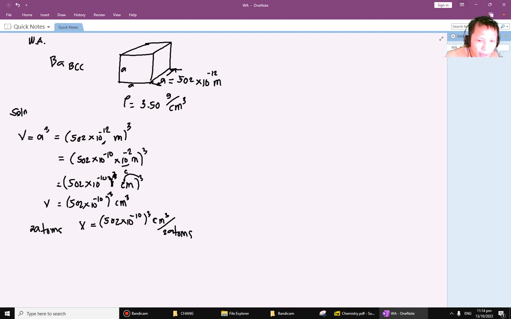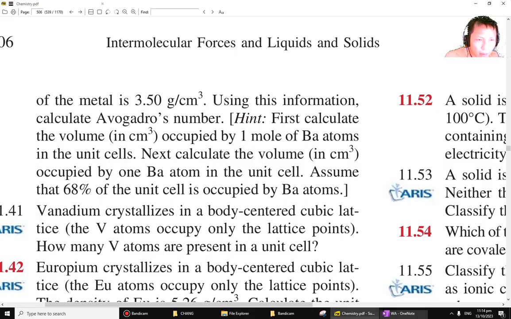So after this, next, we look at the hint. Next, calculate the volume occupied by one barium atom in the unit cell. Oh, calculate the volume occupied by 1 mole of barium atoms in a unit cell. So 1 mole is, calculate the volume occupied by one barium atom.